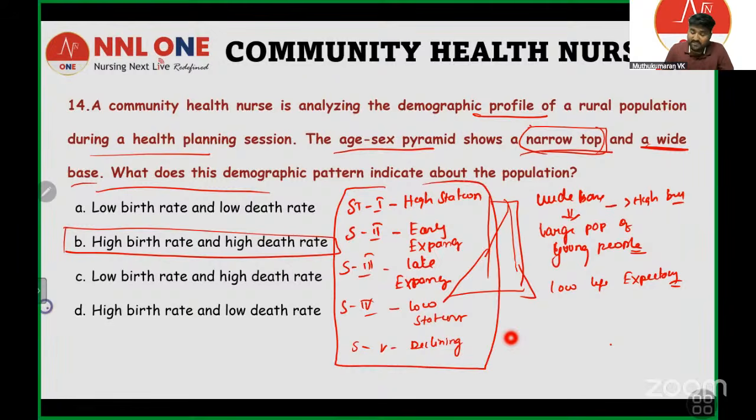Stage 1 is high stationary. Stage 2 is early expanding. What is stage 3? It is late expanding. What is stage 4? Low stationary. Stage 5 is declining.